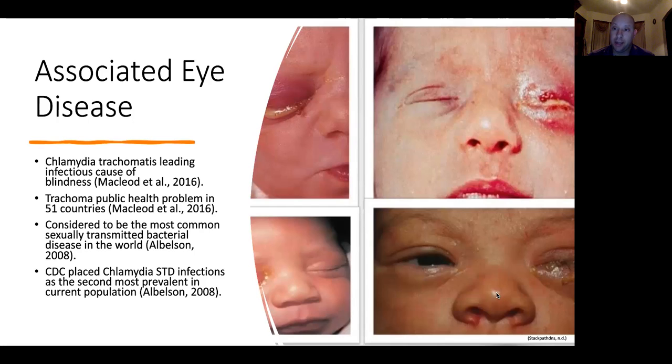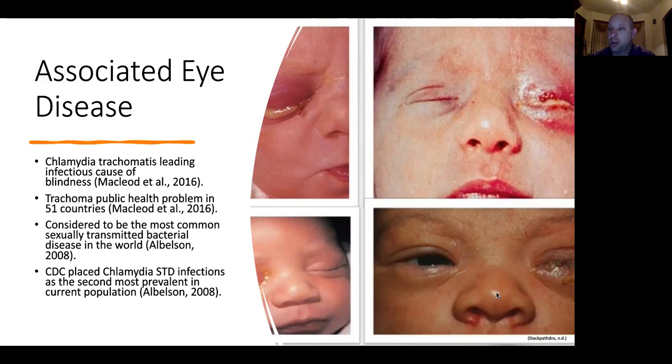It infects their eyes, and if it's not treated quickly, it can lead to blindness. In a lot of regions around the world that don't have the medical care that we have, it ultimately leads to blindness, and it's unfortunate.